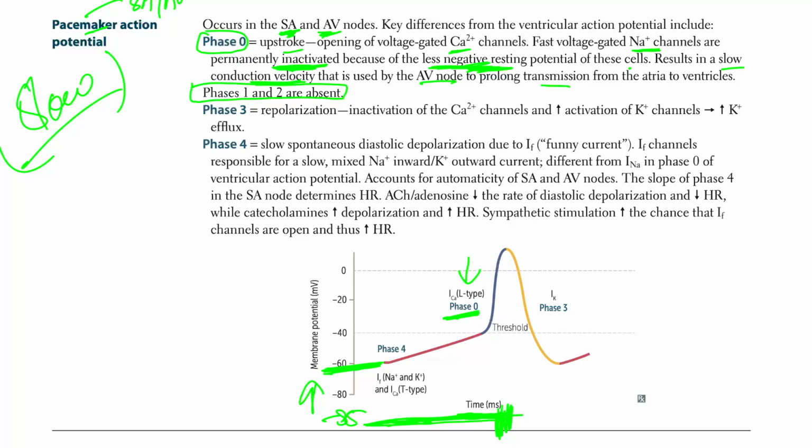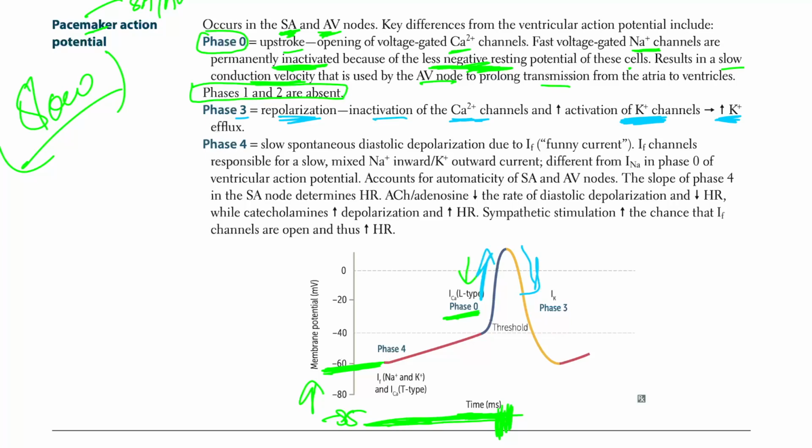So let's look at phase 3. Phase 3 is repolarization. If you look here again, it's a repolarization, and this was depolarization, right? So phase 3 is repolarization, which is due to the fact that you're inactivating the calcium channels. That increases the activation of potassium channels, causing potassium efflux.